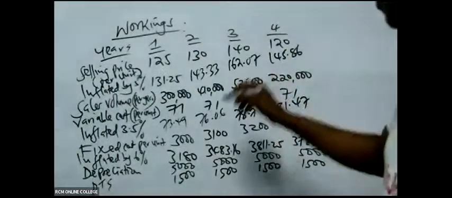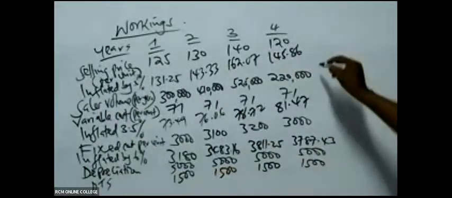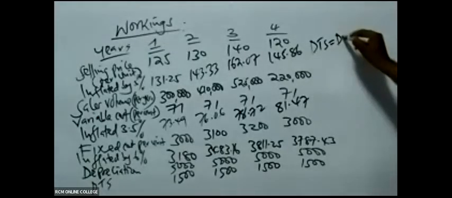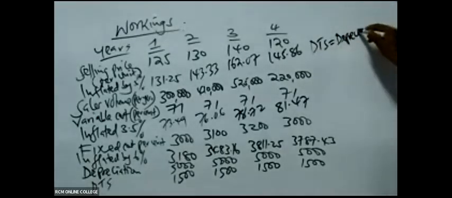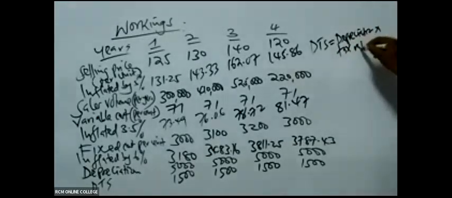Okay. Depreciation tax shield. DTS, you take depreciation, you multiply by tax rate. So are we together there?